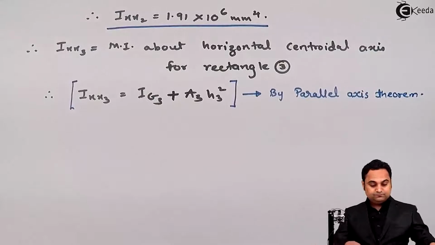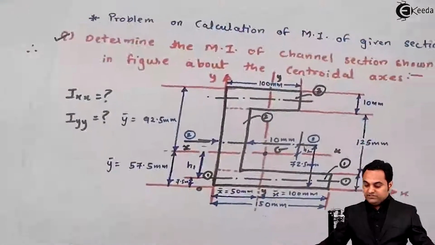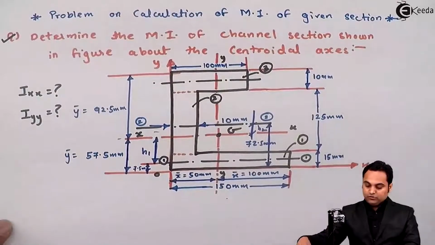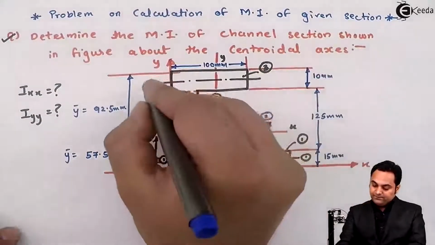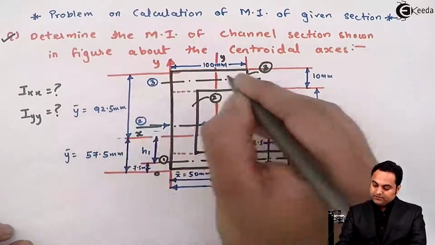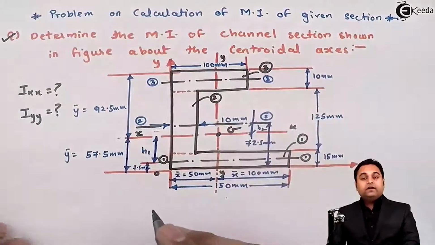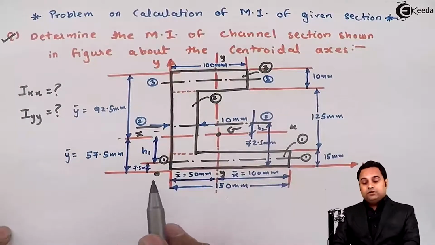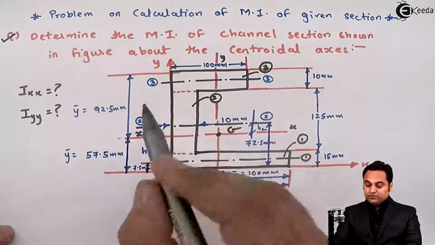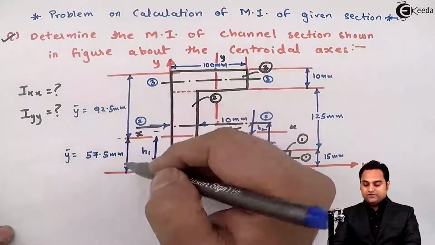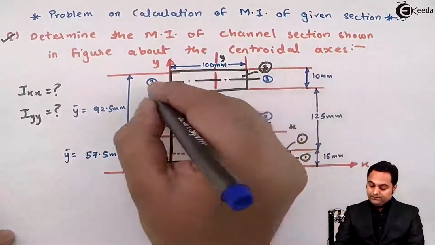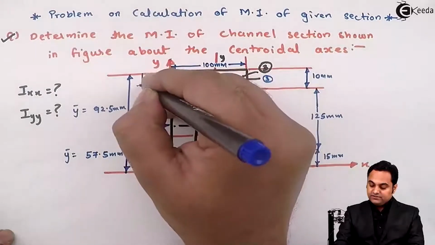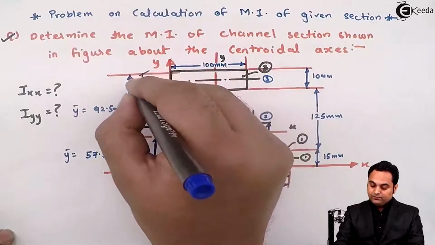Now if we see the diagram, then the x-axis of rectangle 3, it is here, I'll mark it as 3-3, the x-axis for the third rectangle. But the x-axis of the complete C section is located at 92.5 mm distance from top, and here the distance of this x-axis is 5 mm from top.